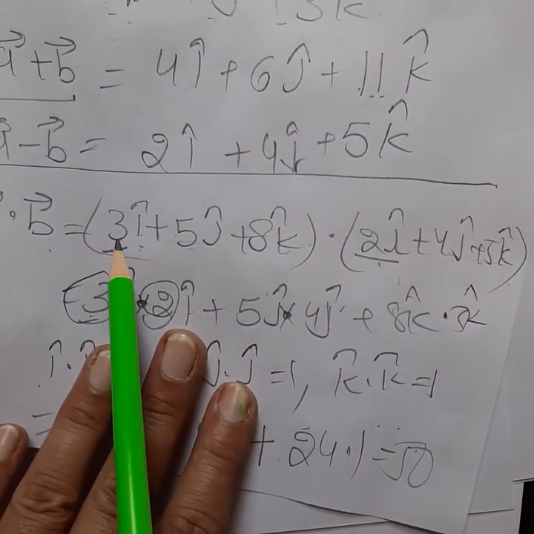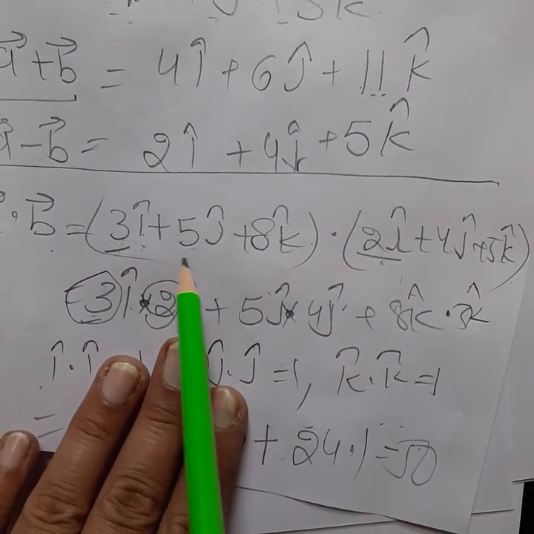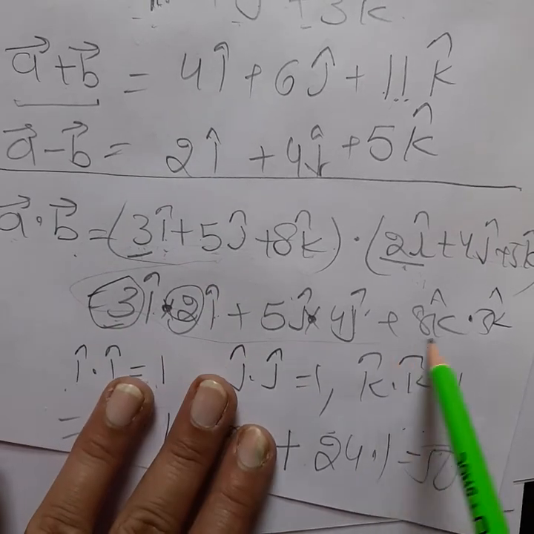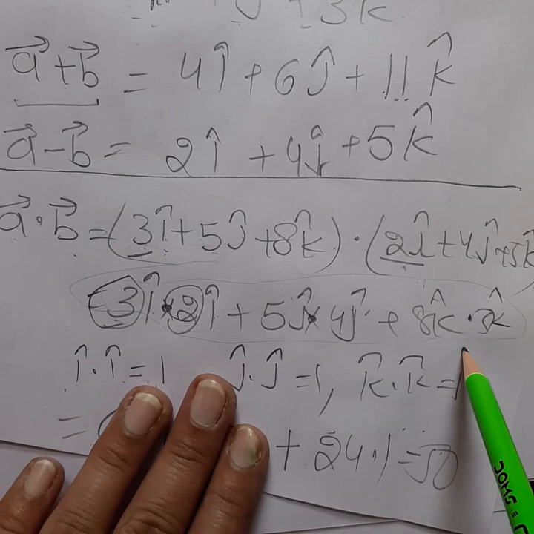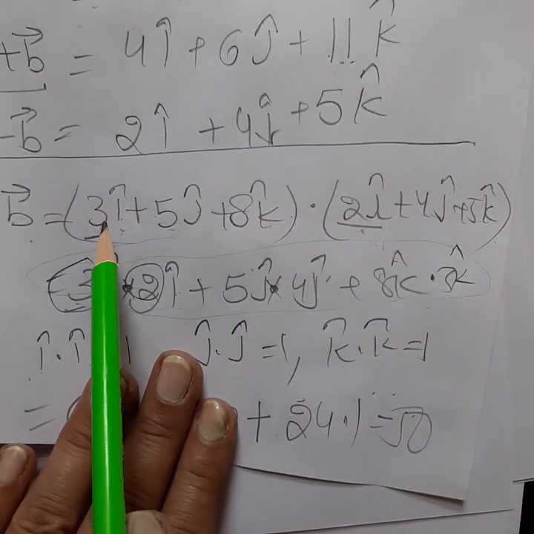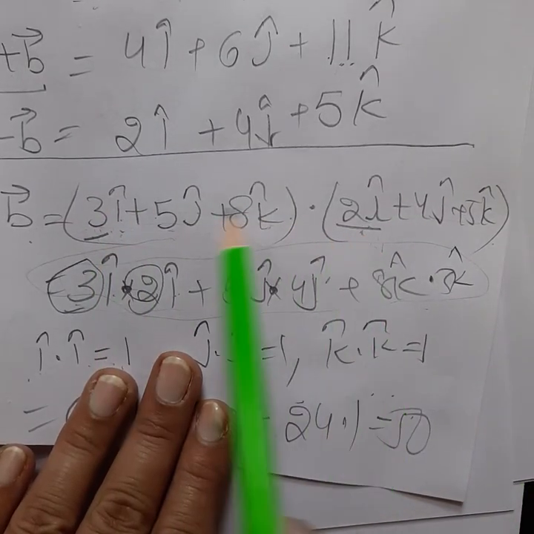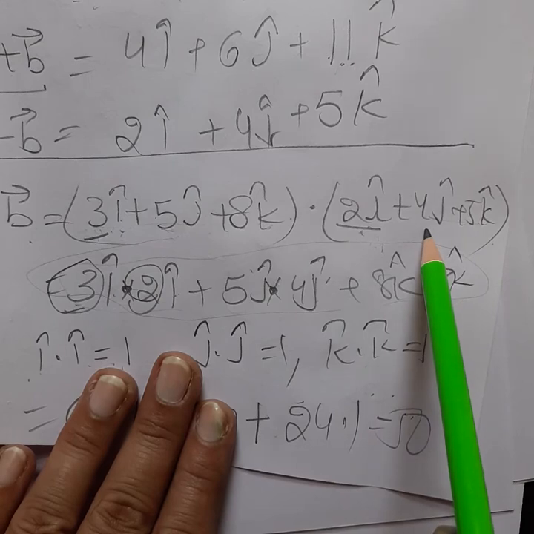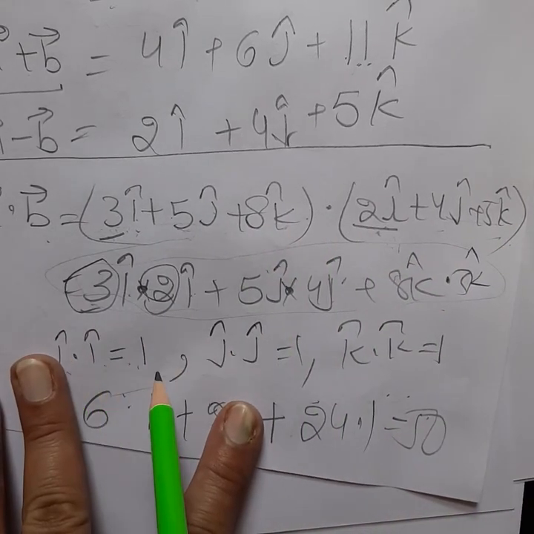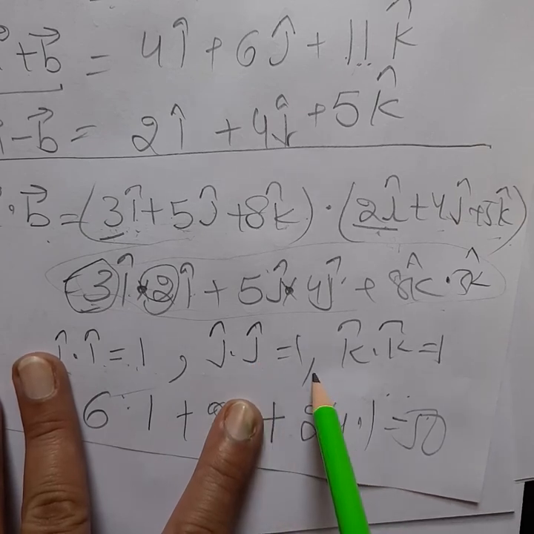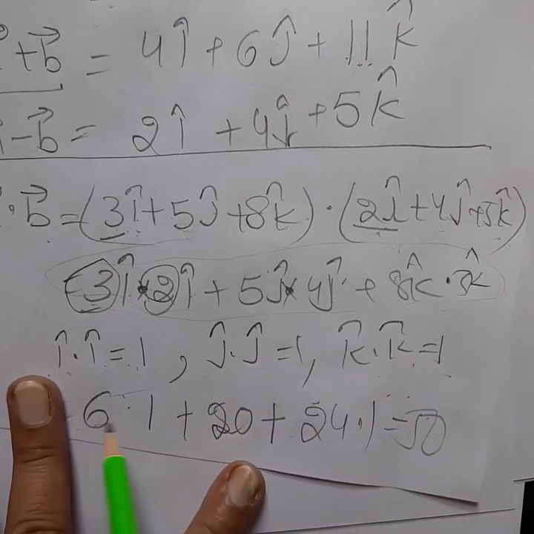By multiplying 3i into 2i, we do not need to write this line. I write this line only for your understanding, that we should multiply 3i with 2i, 5j with 4j, 8k with 5k. i dot i is 1, j dot j is 1, and k dot k is 1. So we get our answer.